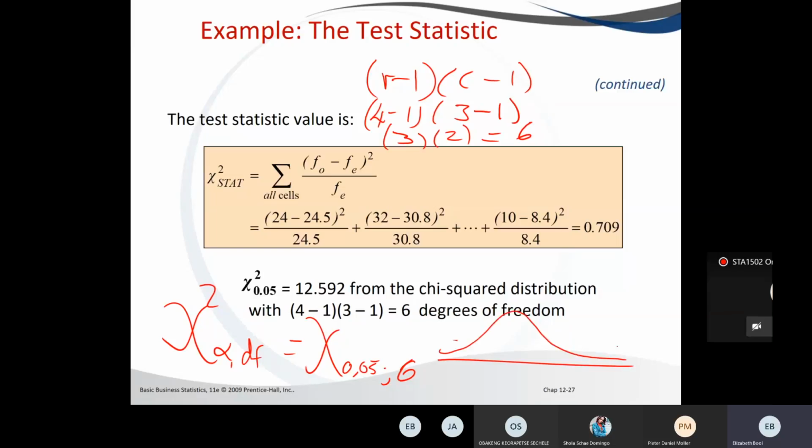Now we can make a decision, because if we look at our critical value of 12.6, this side will be our rejection area, and therefore we can find where this value falls, and it will fall somewhere in the do not reject area.